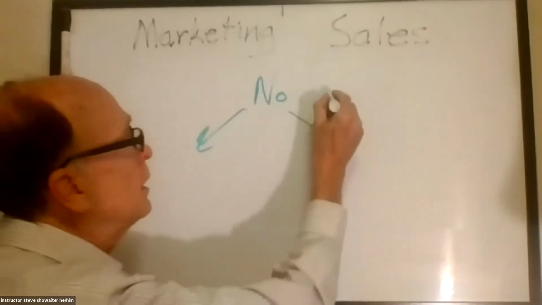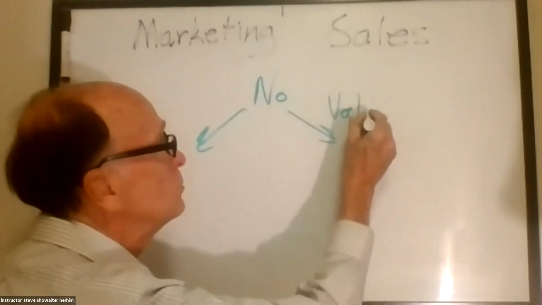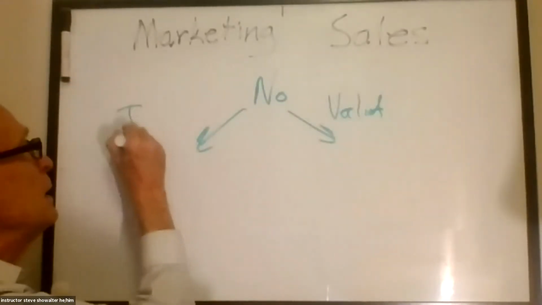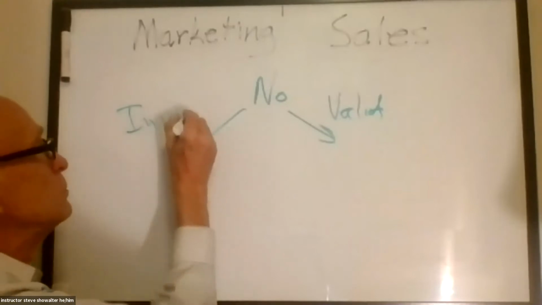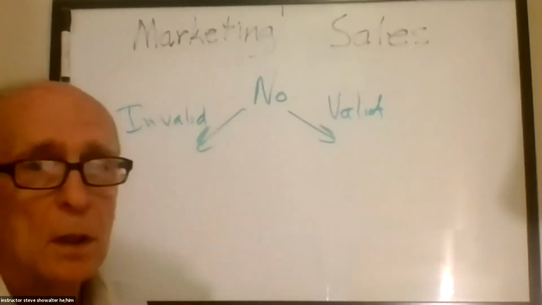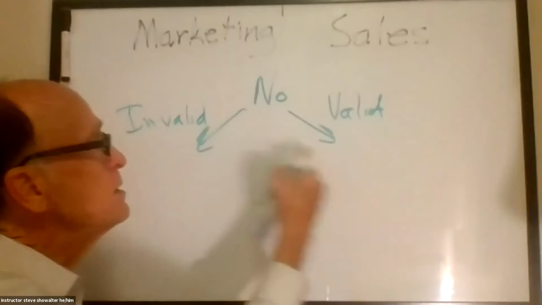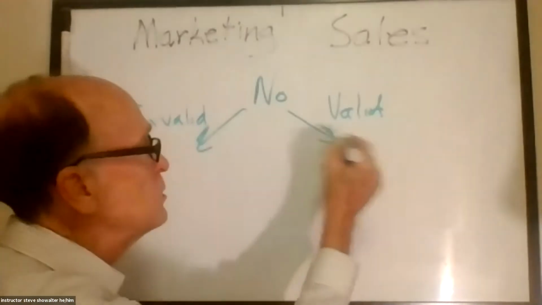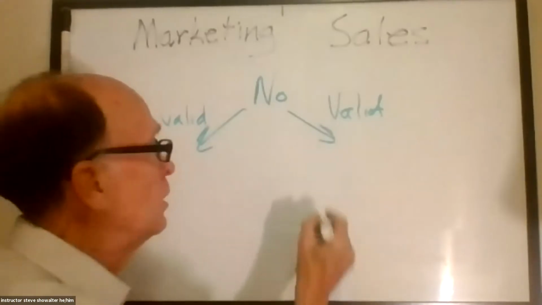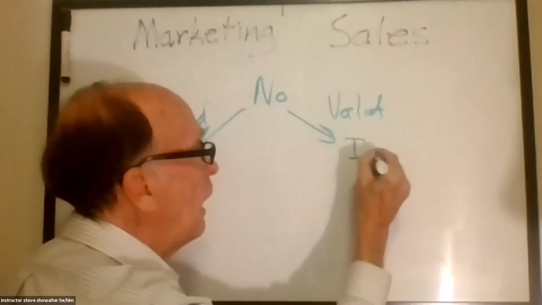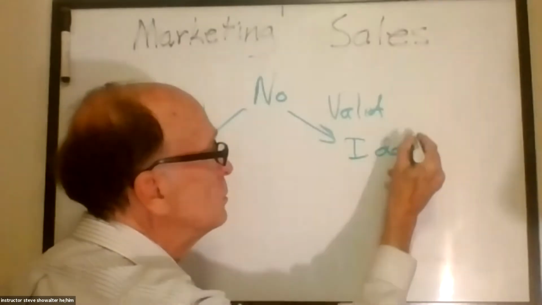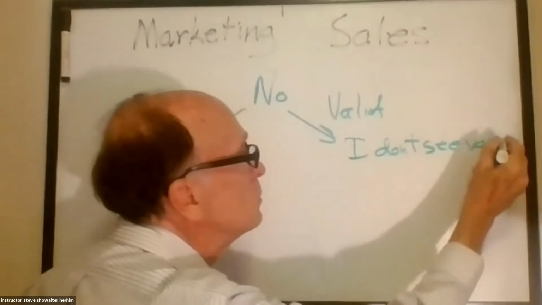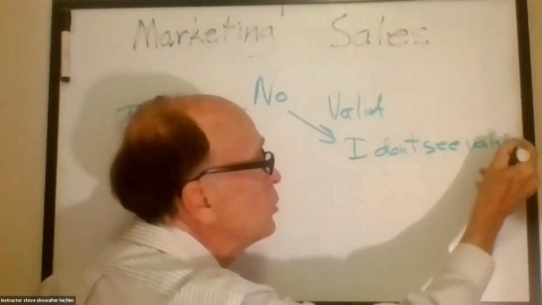One is a valid no. One is, in my opinion, an invalid no. And the way I see these as being different is a valid no is basically the customer saying, I don't see value in your product.